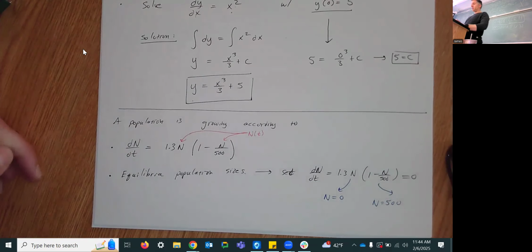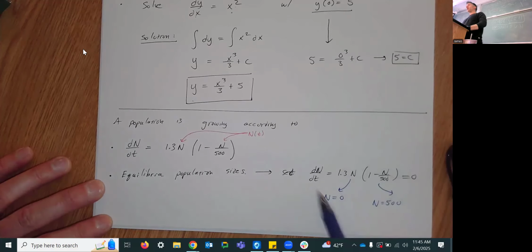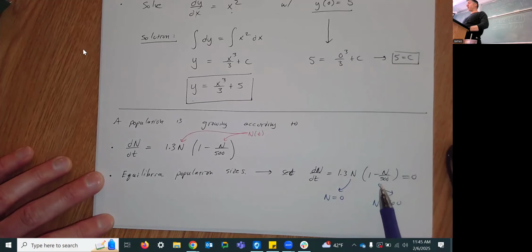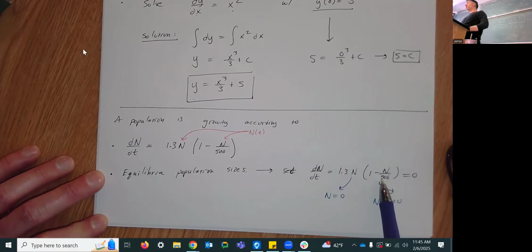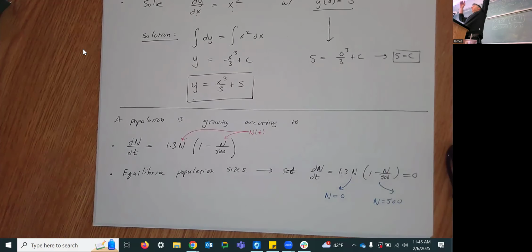This system can carry a population of 500, but if it gets to be more than that, let's say the population was 600, then my rate of change would become negative, because 1.3 times 600 times (1 minus 600 over 500) is a negative number. So if your population gets too big, it's going to be forced back down towards that value of 500 because your rate of change is going to be negative. So these are the equilibrium values.